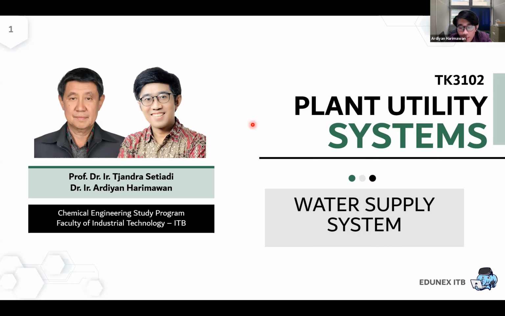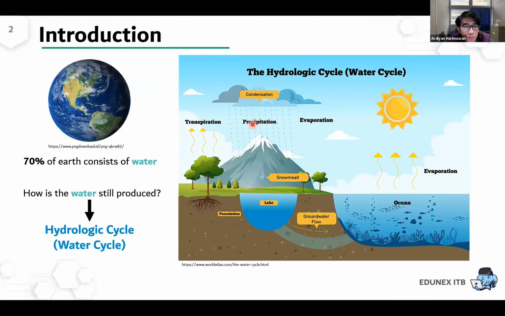Before we start discussing the water supply system, you already understand that our planet Earth is a water planet, and around 70% of Earth consists of water.